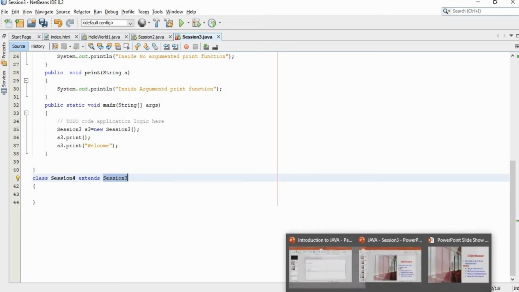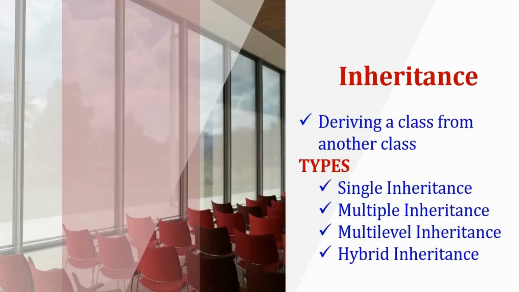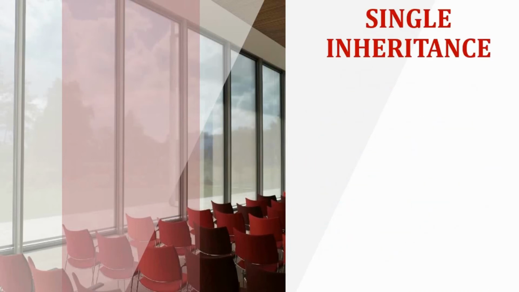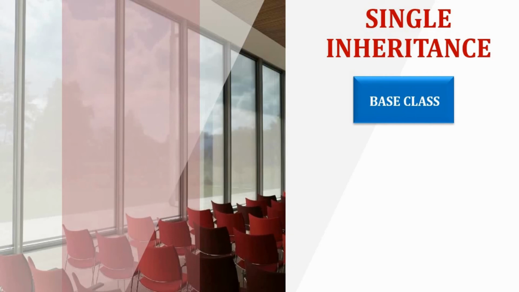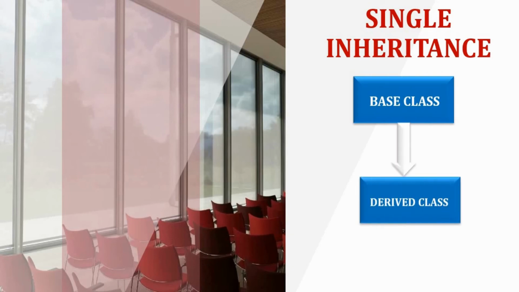So let's move on to types of inheritance, right? The first type is single inheritance. If a single derived class is derived from a single base class, that type of inheritance is known as single inheritance.